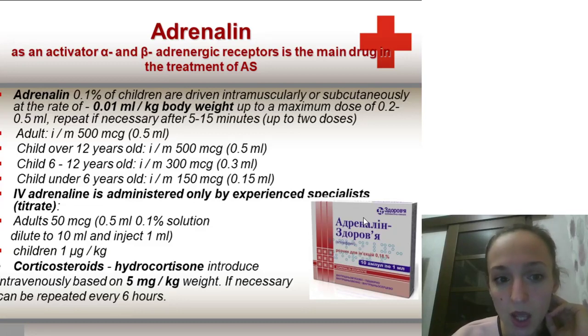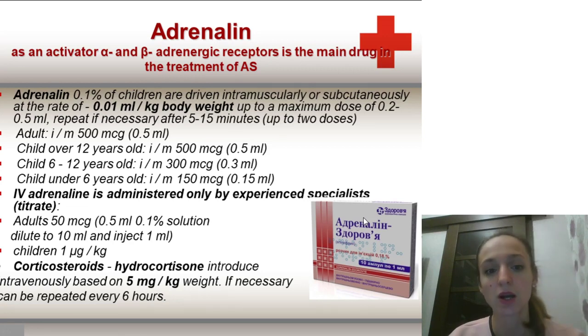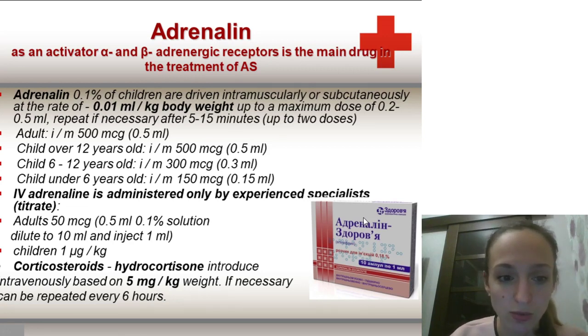Remember, please: if it is necessary to repeat, the doctor should repeat after 5-15 minutes, up to 2 doses. For adults and children over 12 years, children 6-12 years, and children under 6 years, please look, the milligrams are different.